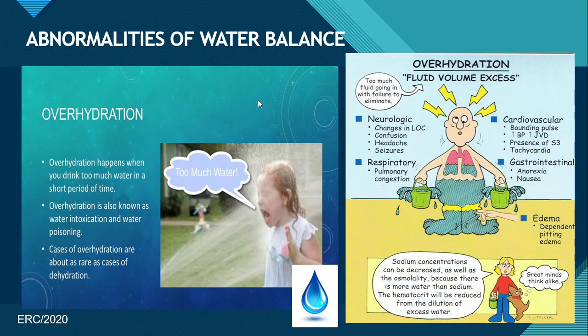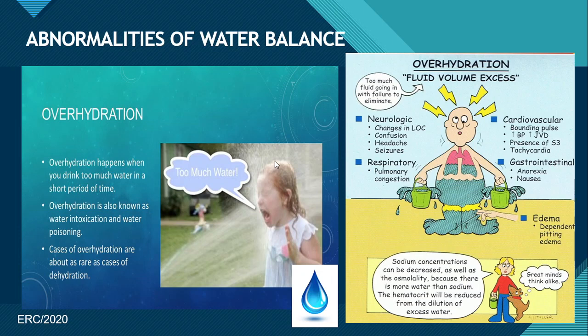Okay, these are the conditions that you might experience if you have overhydration. Some neurological changes, like changes in the LOC or level of consciousness. The person will experience confusion, headache, and worse, seizure.